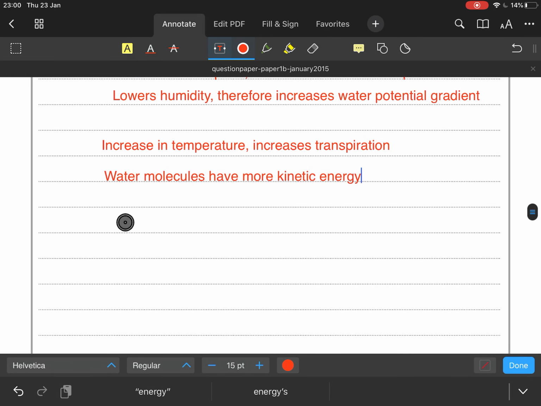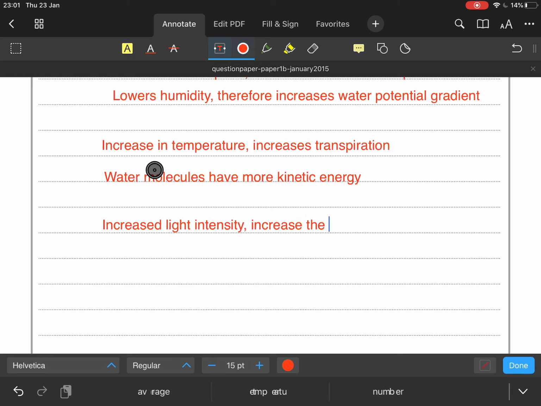4th thing we could say, the 4th environmental factor that can affect the rate of transpiration is an increased light intensity. That's going to increase the rate of transpiration.